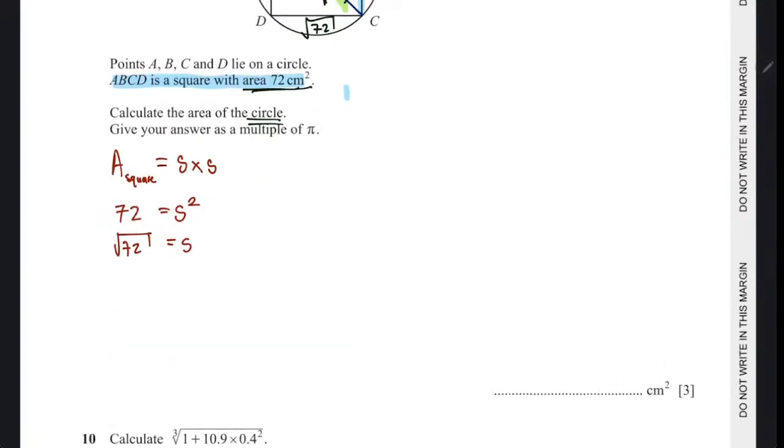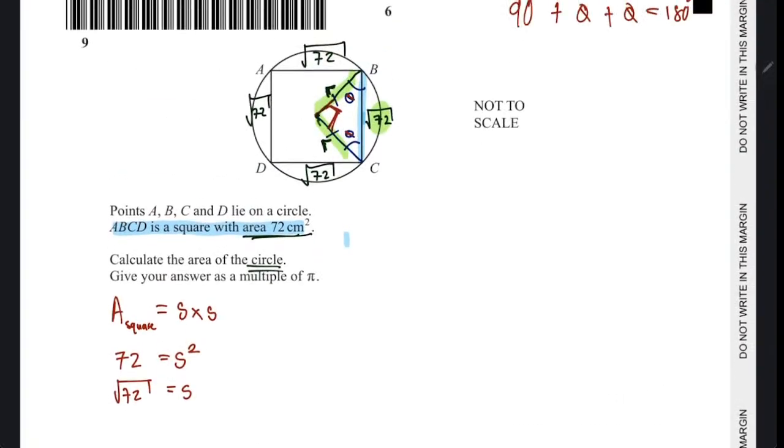If I want to find r and I have this 72, it's at the base angles of the isosceles triangle. It's at the bottom of this isosceles triangle. An isosceles triangle is like this: a triangle with two equal sides. We call it an isosceles triangle.